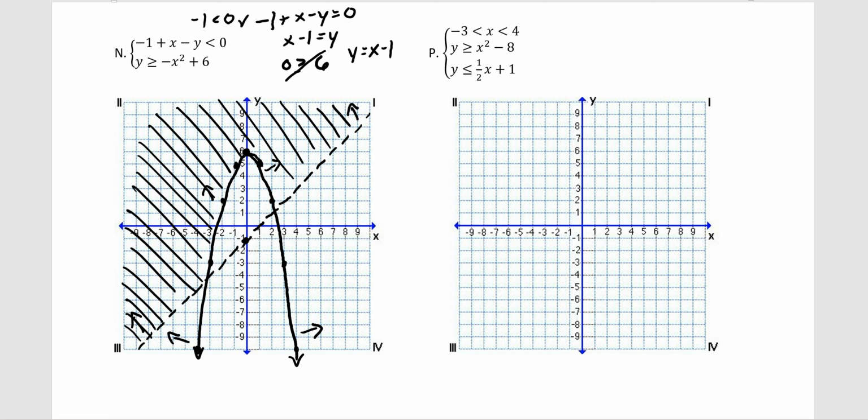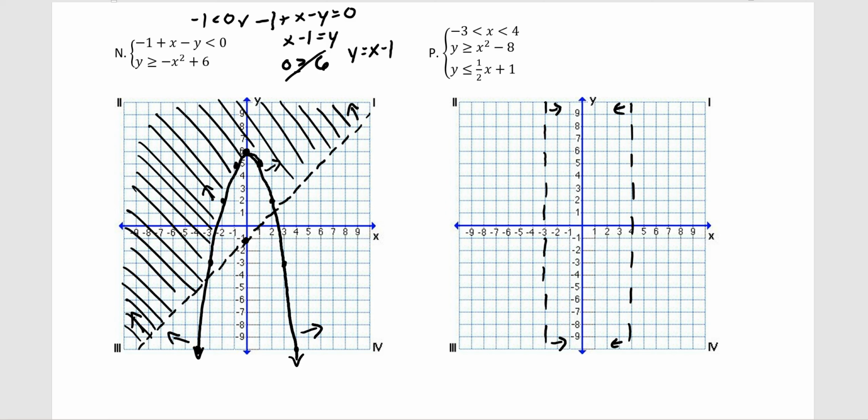All right, let's give it a shot. So looking at -3 is less than x is less than 4, I got dashed vertical lines at -3 and 4. So -3 dash vertical line. There we go. 4 dash vertical line. And I know that my shaded area is going to be in between these lines.